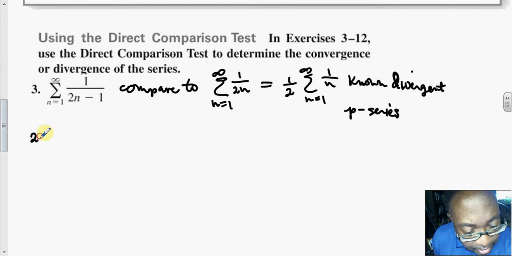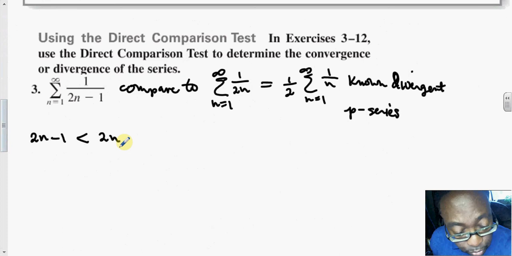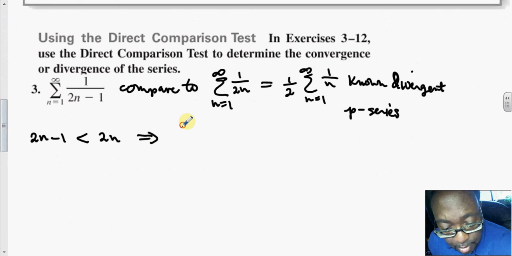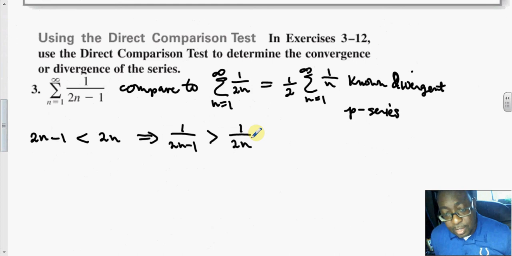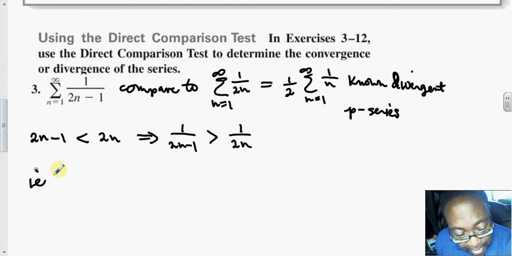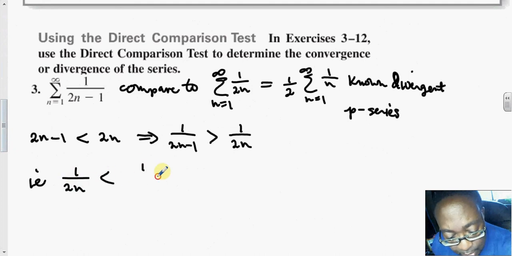So if we investigate, 2n minus 1 is less than 2n. If you divide both sides by 2n minus 1, and divide both sides by 2n, this implies that 1 over 2n minus 1 is greater than 1 over 2n. Well, this satisfies the so-called direct comparison test. Let's look at it this way: 1 over 2n is less than 1 over 2n minus 1.